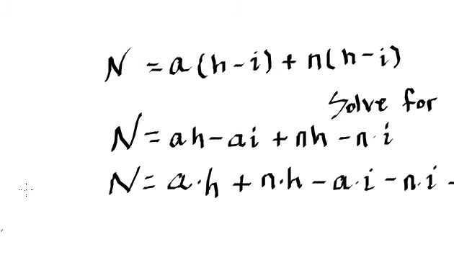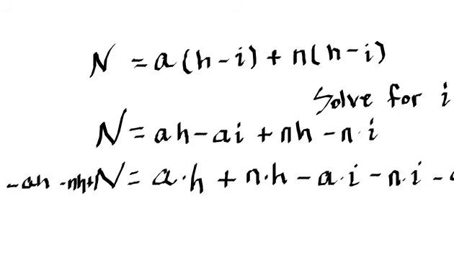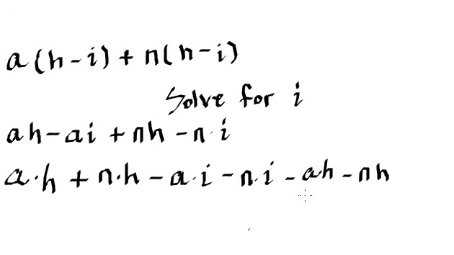Okay, I'll just move the screen over. So subtracting off the A times H and the NH. Ooh, run out of room. Alright. Okay, so as you can see here, let me use a different color. Right, so these guys here are going to all cancel out.